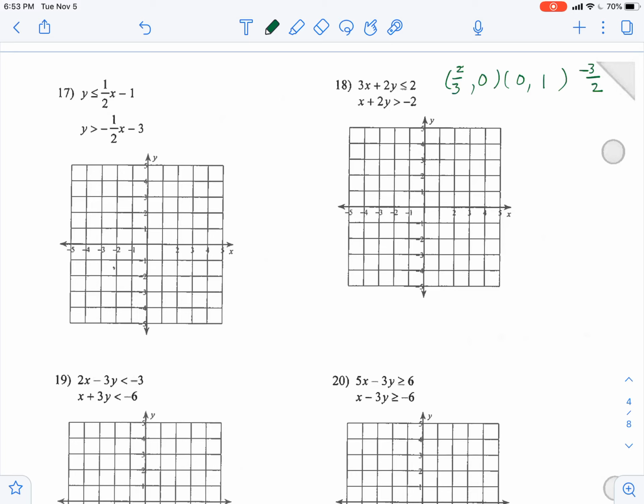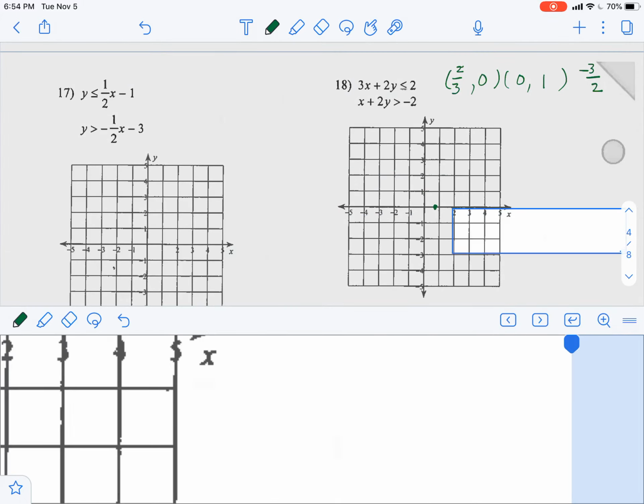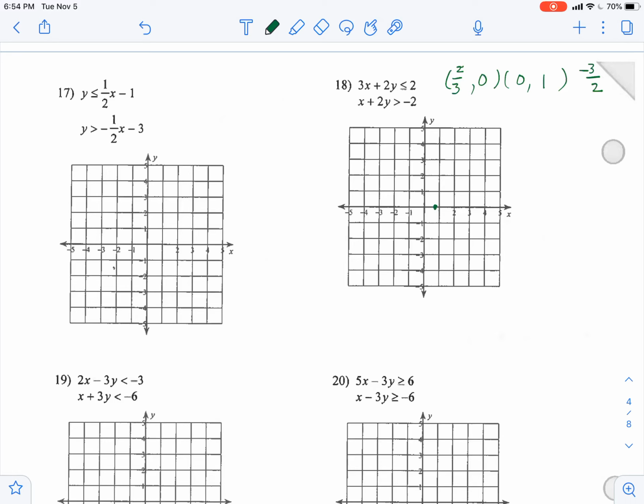So I'm going to go ahead and graph. I've got 2/3. That's going to have to be an estimate. I've got (0, 1). And then again, because those are so close together, I'm going to go ahead and use my slope. So I'm going to go up 3 and left 2.